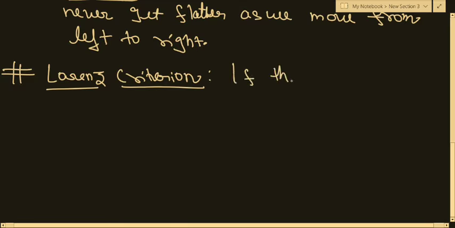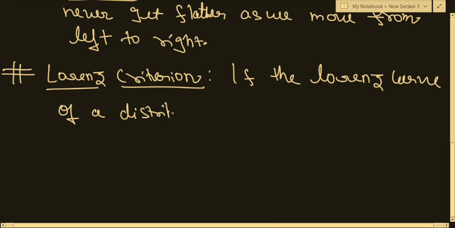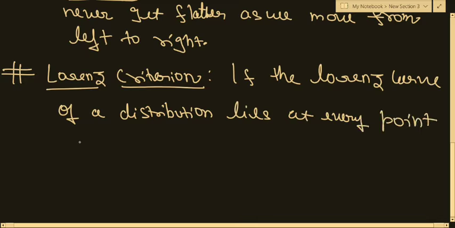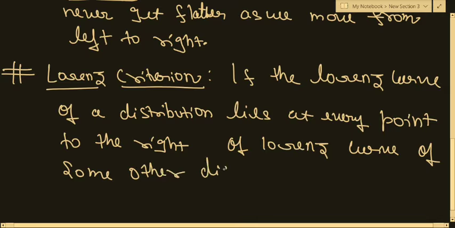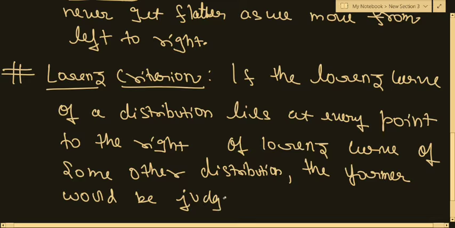Okay, if the Lorenz curve of a distribution lies at every point to the right of the Lorenz curve of some other distribution, the former would be judged more unequal than the latter.